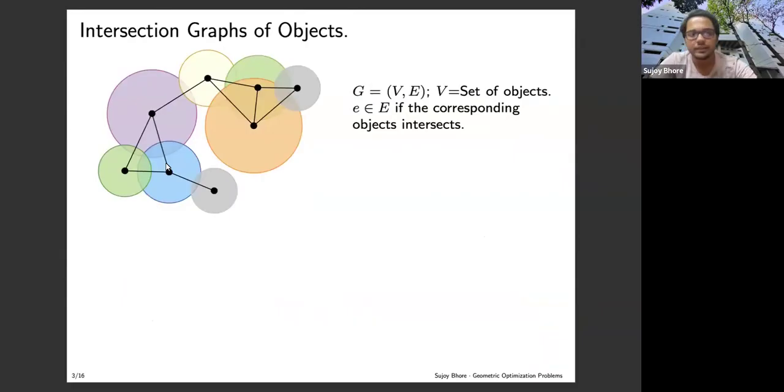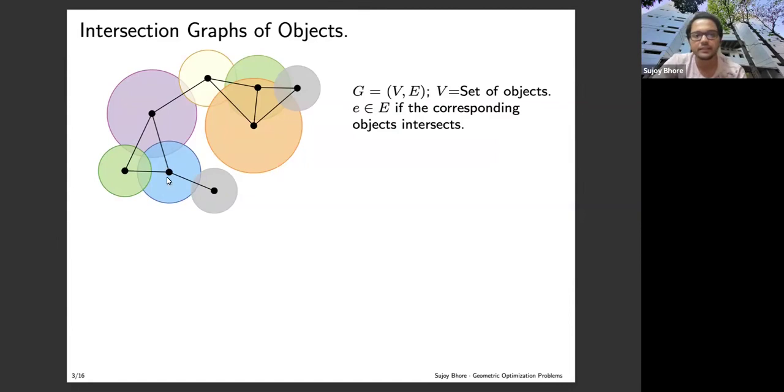Let me define a class of graphs called the intersection graphs of objects. In this setup, we have a set of vertices, which are a set of objects. If two objects intersect, then there is an edge connecting them in the corresponding intersection graph.